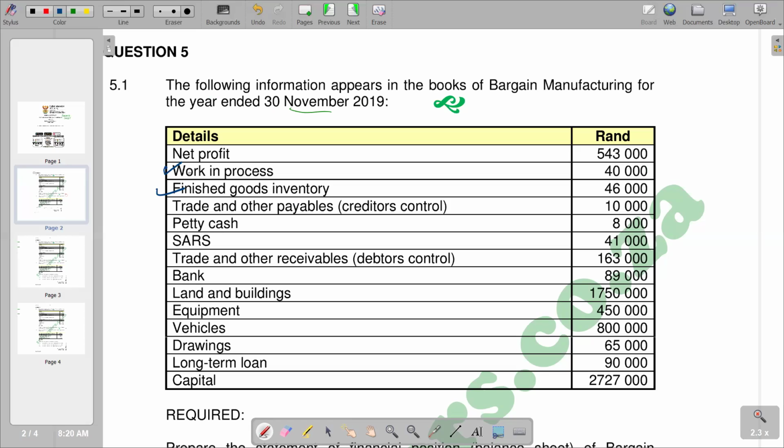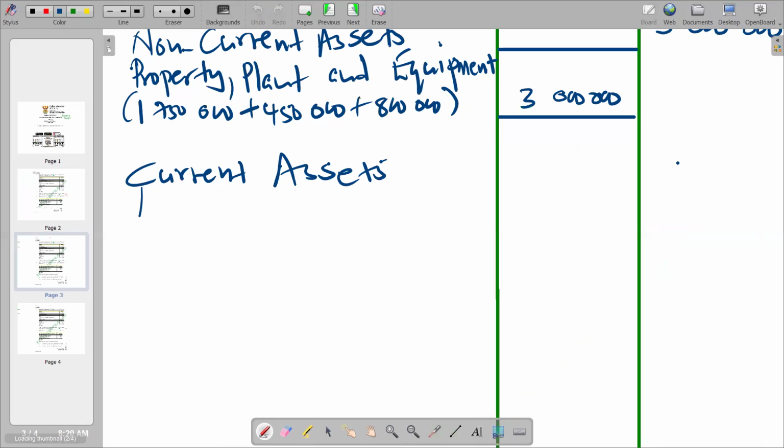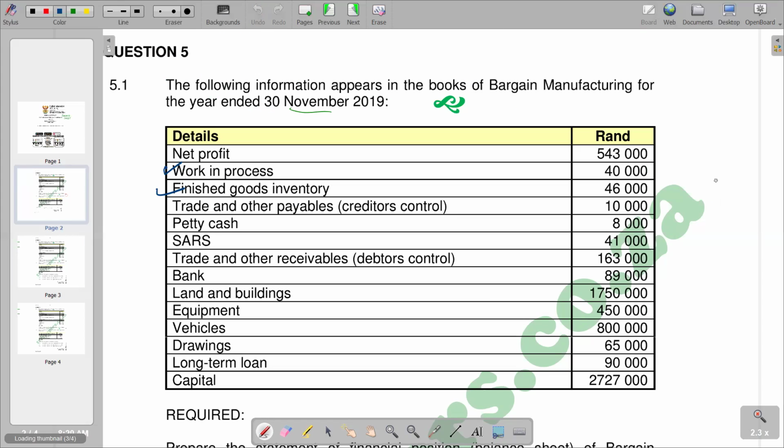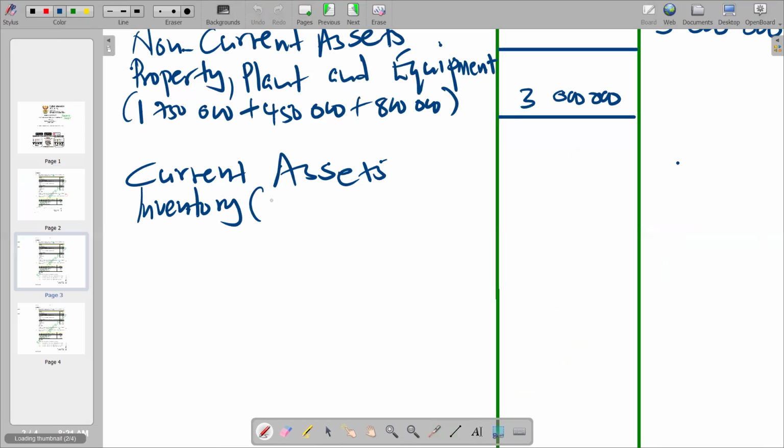So what you're going to do, you're going to say 40,000 for work in process as inventory, and we add 46,000 for finished goods inventory. So we just come here and we say inventory. So remember, we are saying 40,000 plus 46,000. And then we get your answer.